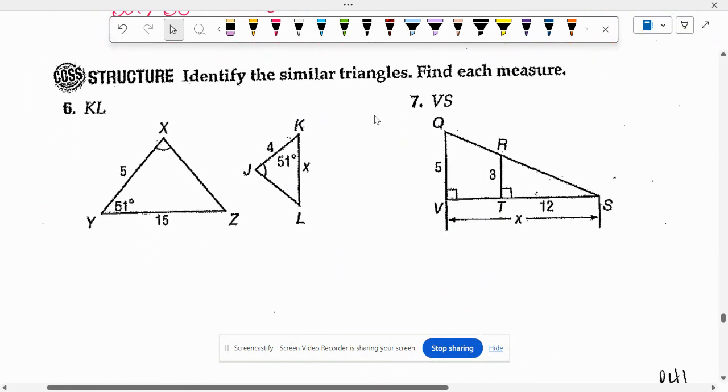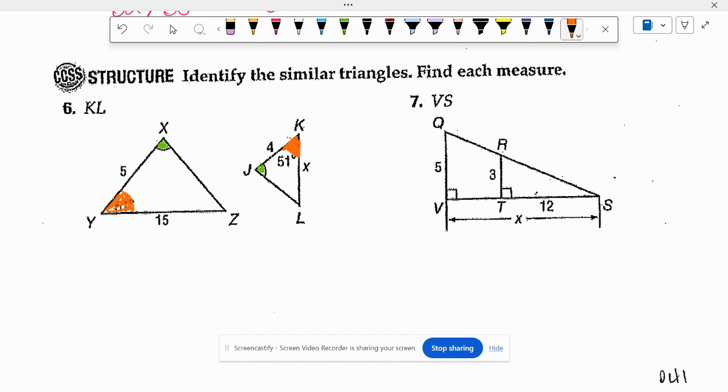So let's look at this next one. I have this angle right here. Angle X is congruent to angle J, and angle Y has a measure of 51. That's congruent to angle K that also has a measure of 51.